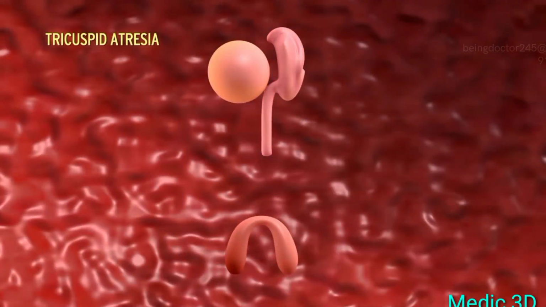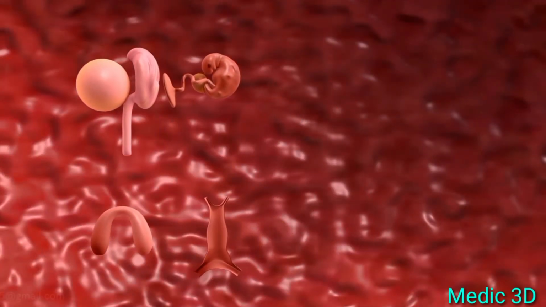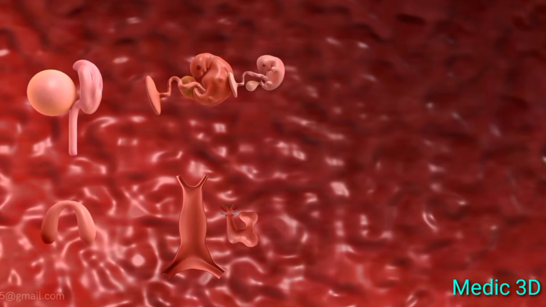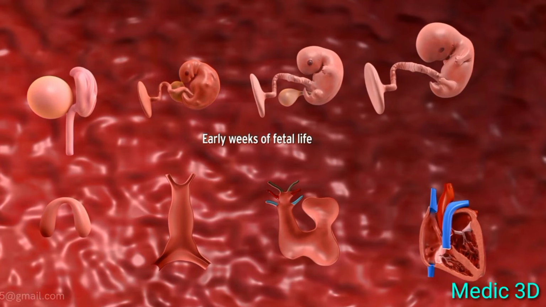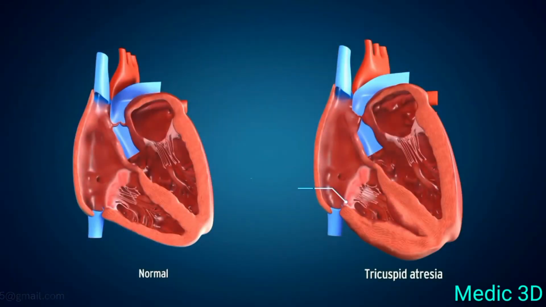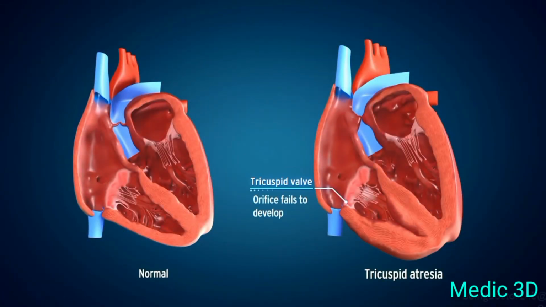Tricuspid atresia: it is a defect of the heart occurring in the early weeks of fetal life. The tricuspid valve or the orifice fails to develop. Therefore, the blood is unable to enter the right ventricle, causing abnormal development or small size of that ventricle, or hypoplasia.